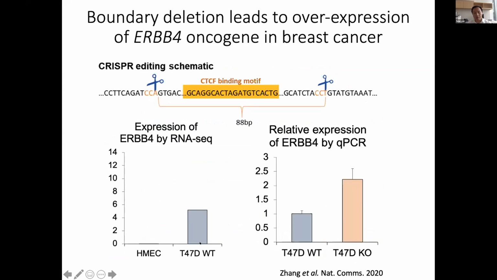Comparing the cancer with the normal genome, the ERBB4 expression increases from close to 0 to almost 5. But when we do the CRISPR deletion for the other copy, its expression doubles. So you can see 0, 5, to 10, with one allele or both alleles of the TAD boundary deleted, which induces the enhancer hijacking.